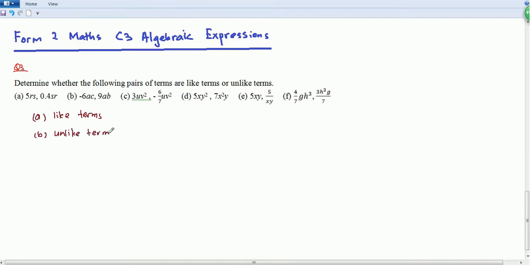About part C, uv² and uv², like terms. How about D? xy² and x²y. Here x is power 1, but here it is power 2. The y is power 2 here, but the y here is only power 1. So they are unlike terms.